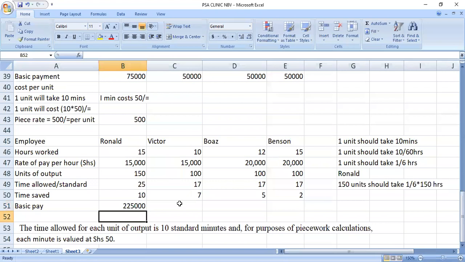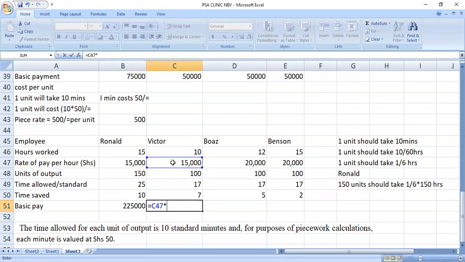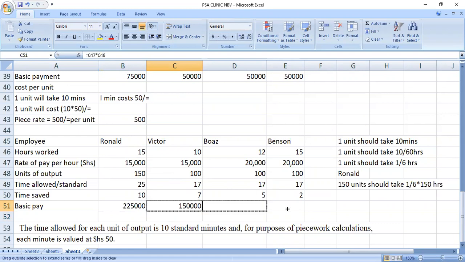That's how we get basic payment. It's given by the rate times the time taken, or someone can say it's the time taken times the rate. So it's the same for Boaz, same for Benson. I hope we're fine till this part.